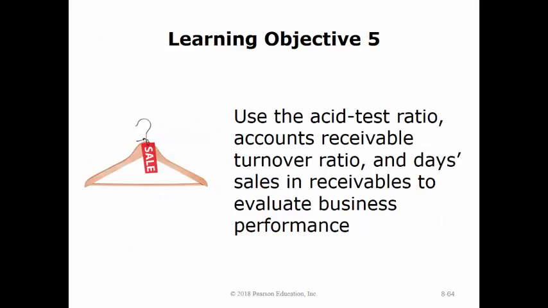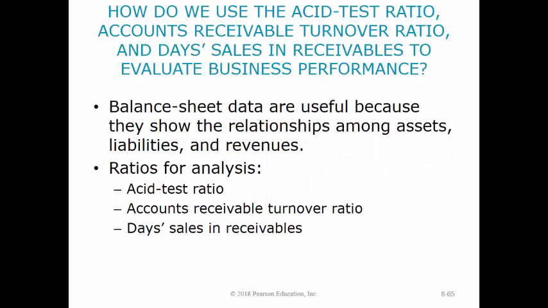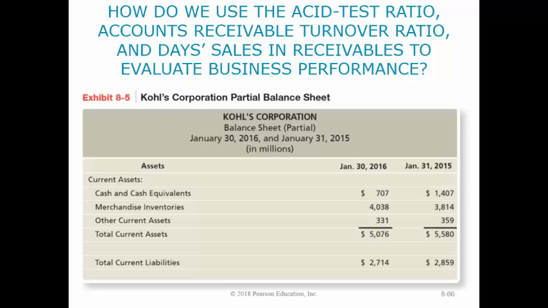The fourth learning objective is to use the acid test ratio, accounts receivable turnover ratio, and days sales in receivables to evaluate business performance. The balance sheet can be used to calculate various ratios such as the acid test ratio, accounts receivable turnover ratio, and days sales in receivables.